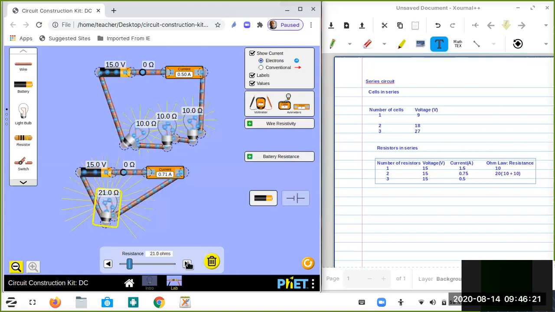I'm increasing the resistance and current is decreasing. 0.5. There we go.